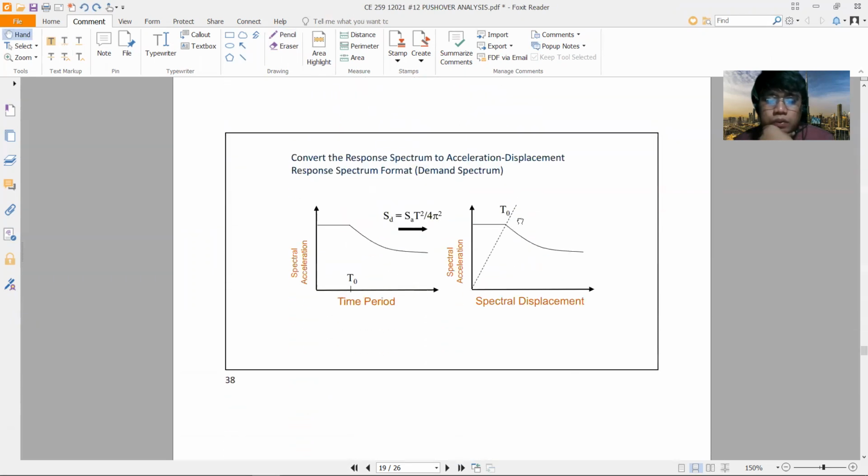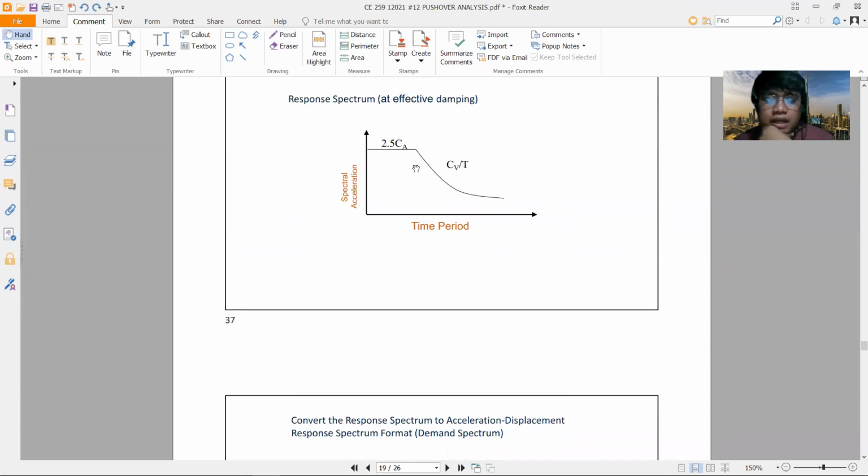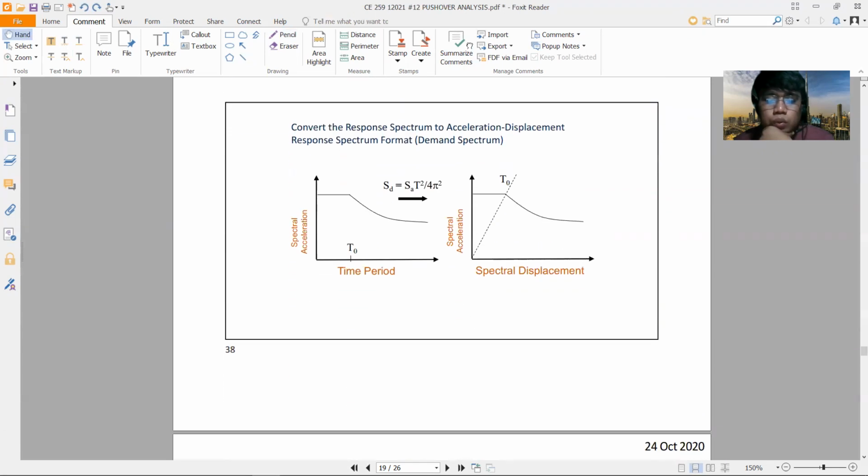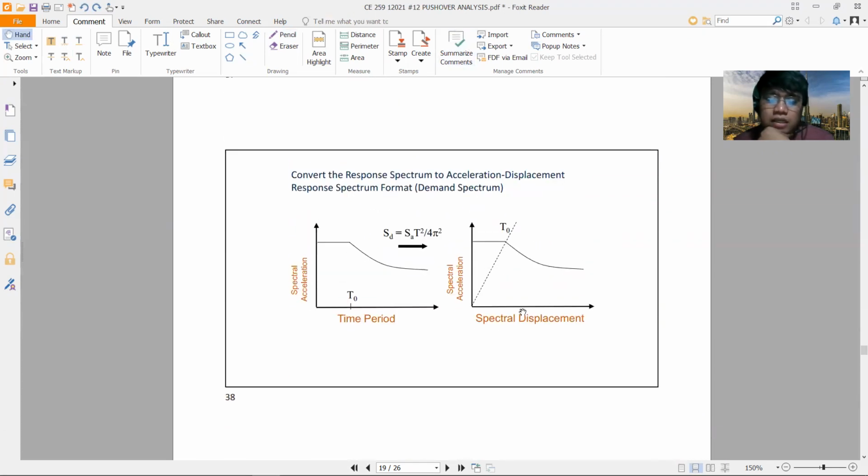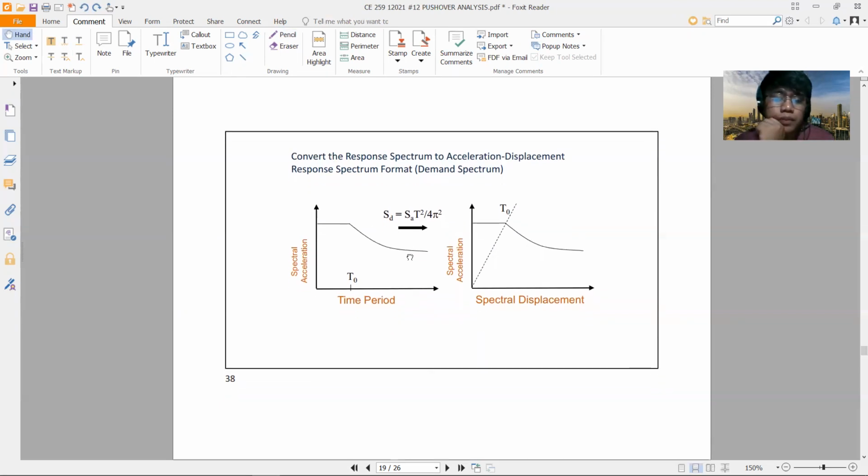Okay. So to convert this response spectrum to spectral acceleration versus spectral displacement graph, you need to convert the response spectrum to acceleration displacement response spectrum format or the demand spectrum format.